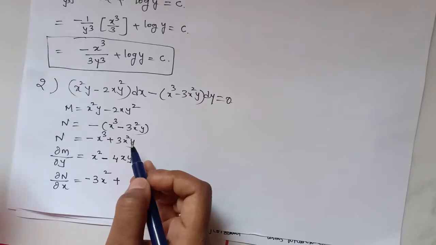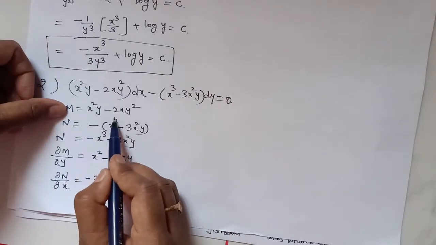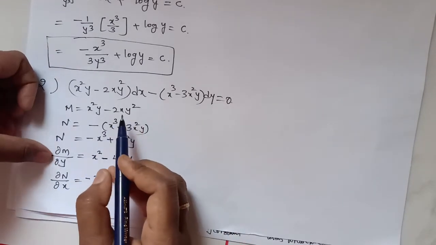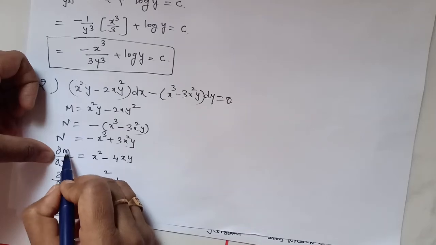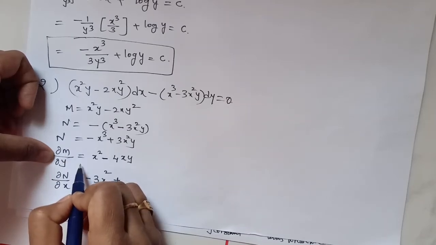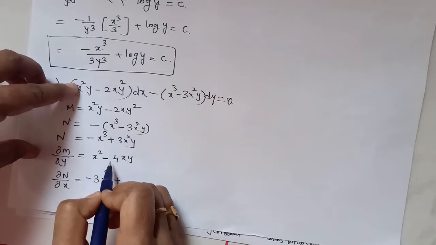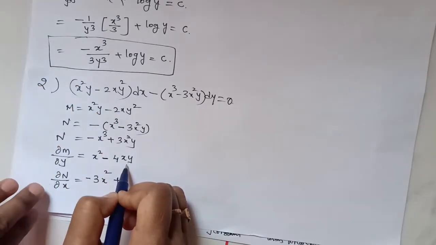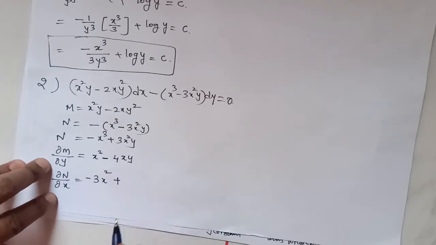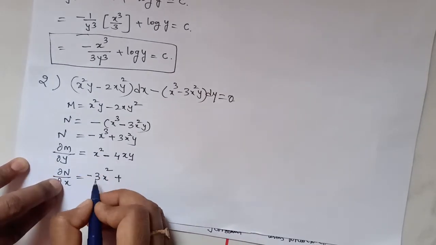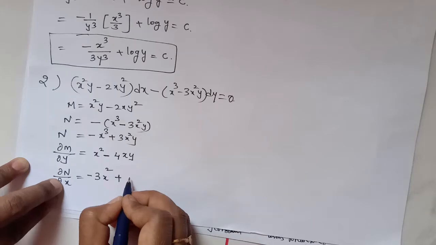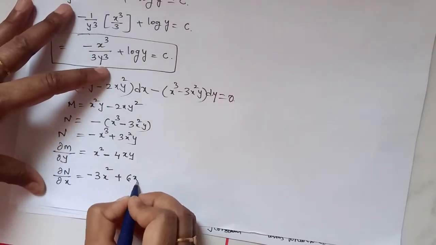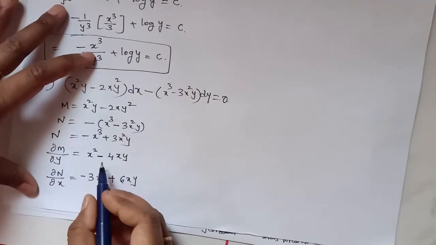See here m is x square y minus 2xy square. You are differentiating with respect to y. Dou m by dou y is equal to x square minus 2x into y square, whose differentiation is 2y, 2 into 2 is 4. Dou n by dou x is minus 3x square plus 6xy. Now look at these two.